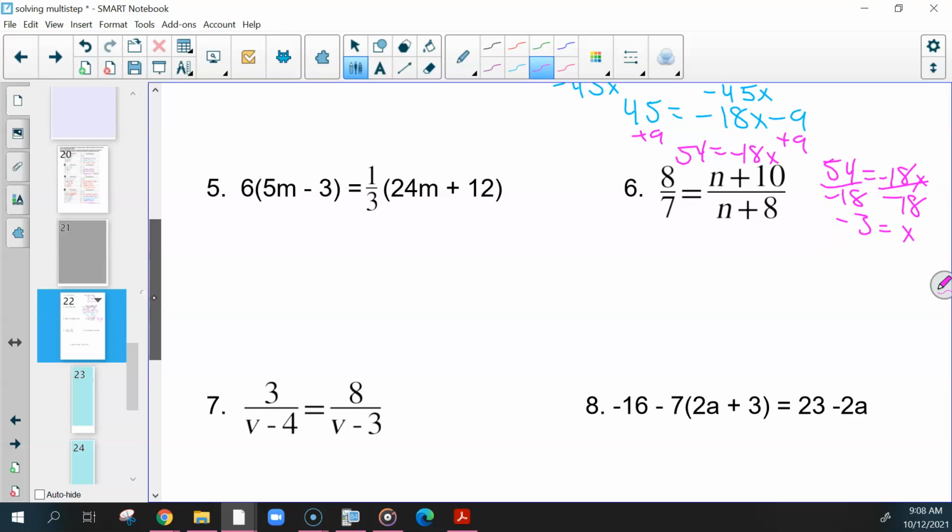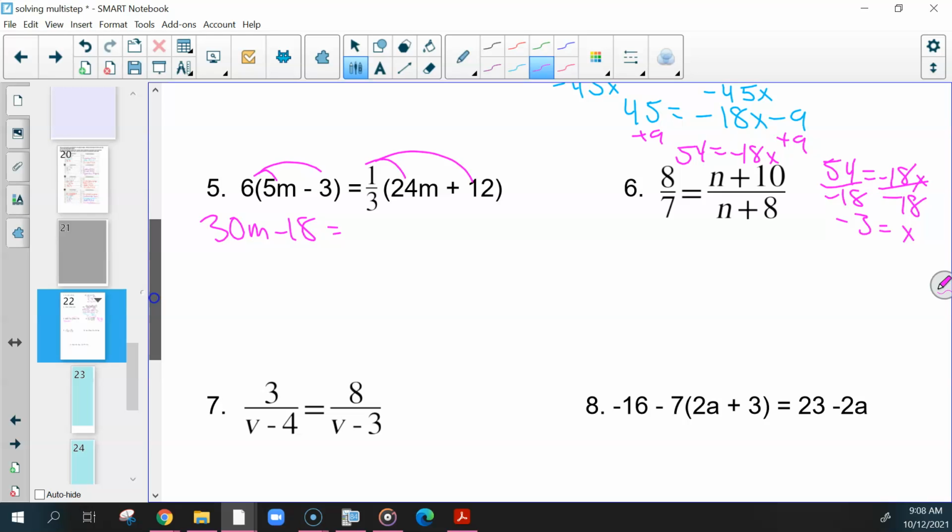So for number 5, how would we start this? Distribute. So we have 30m minus 18. Remember, when we're distributing a fraction, think about that as 24 divided by 3 instead of 1/3 times 24.